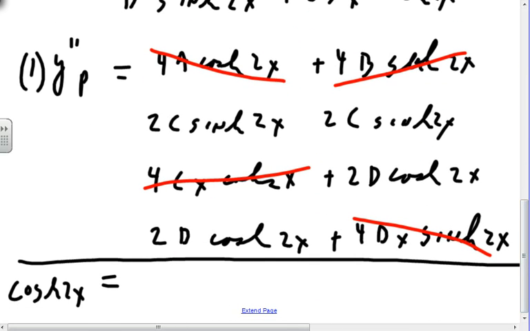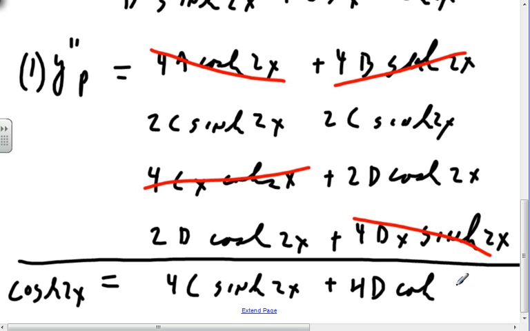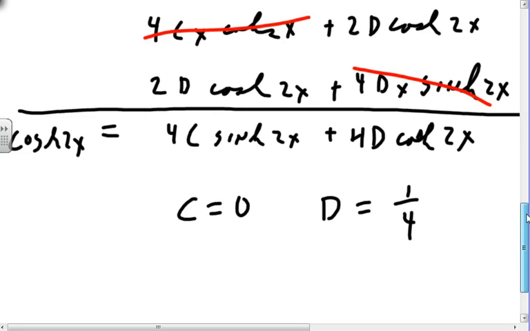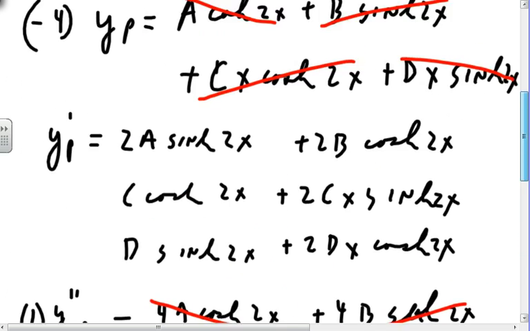Okay, and then what I've got left over is 4C hyperbolic sine and 4D hyperbolic cosine, implying that C is 0 and D is 1/4. Now what can I conclude about A and B?